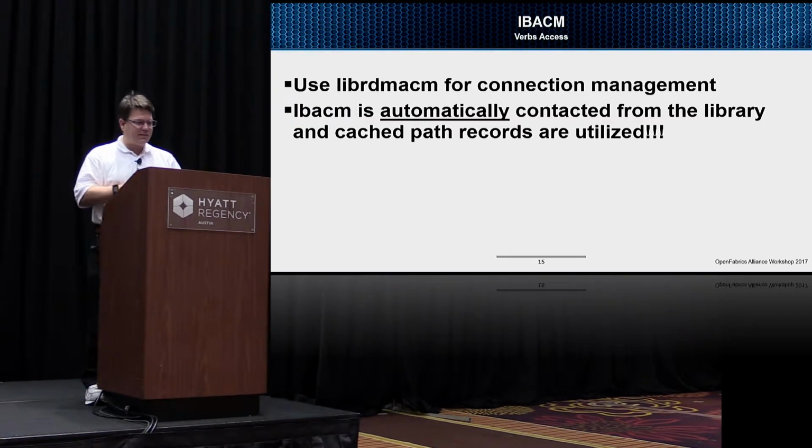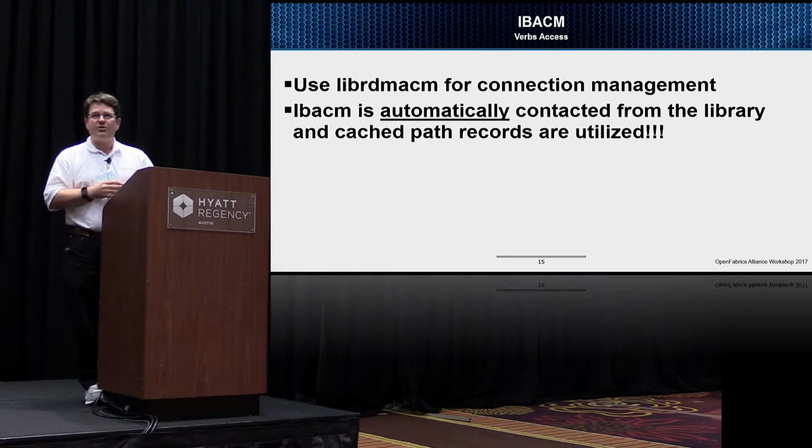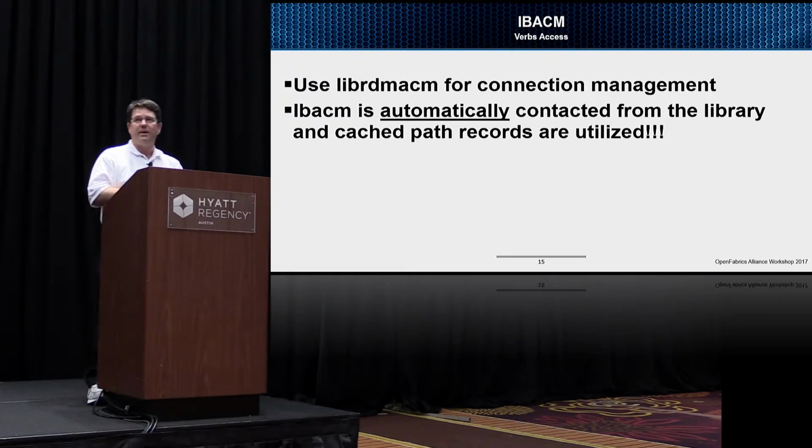So key point is, with verbs traffic, we really need to use librdma-cm to make this work. And this is not only for this configuration, but as we've heard about RoCE, we've heard about iWarp, there's InfiniBand, and Omnipath. So now we have 4 different networking types. And using librdma-cm is a nice abstraction that can make sure that your address resolution occurs properly on all of those network types.